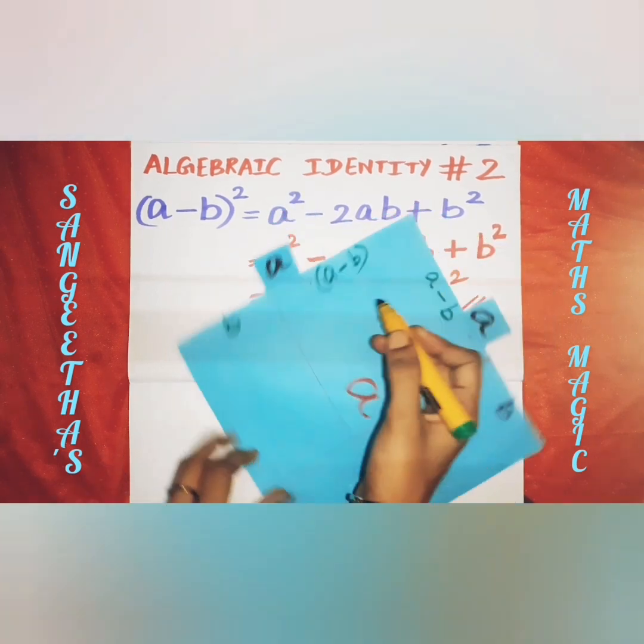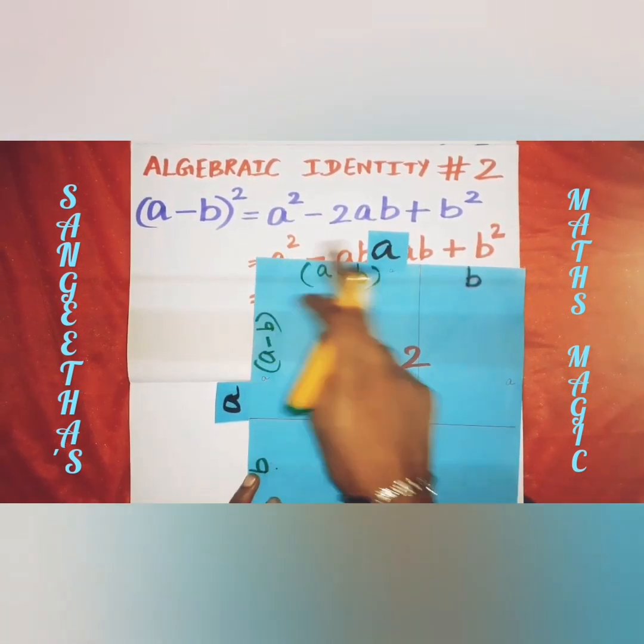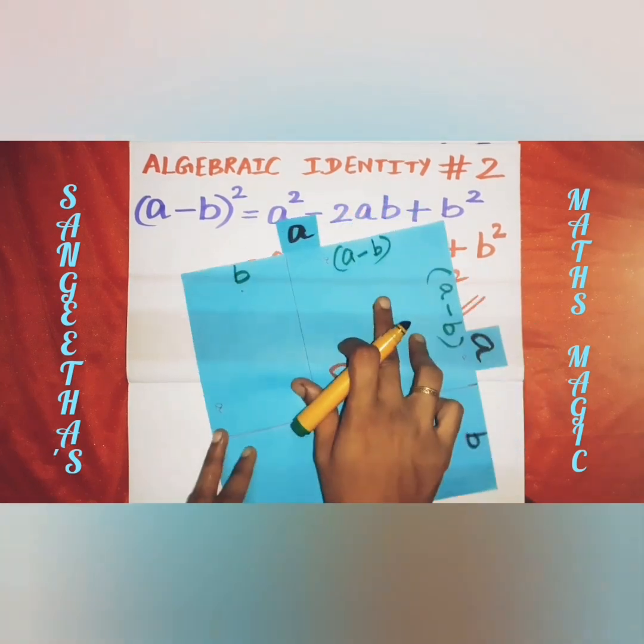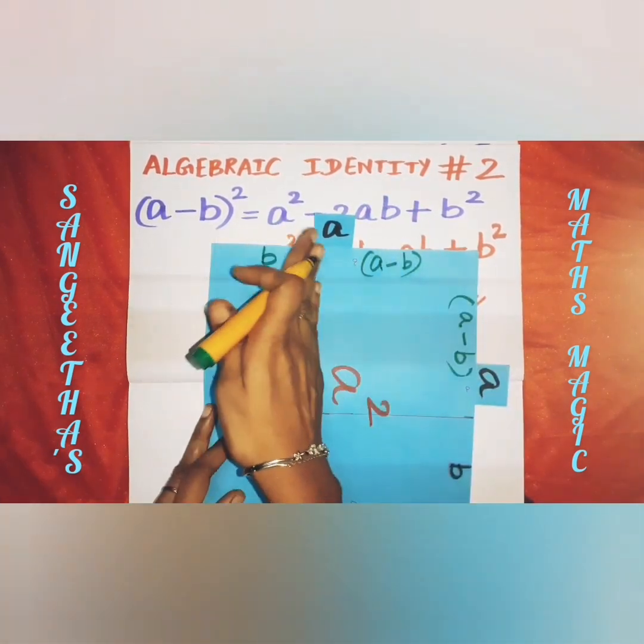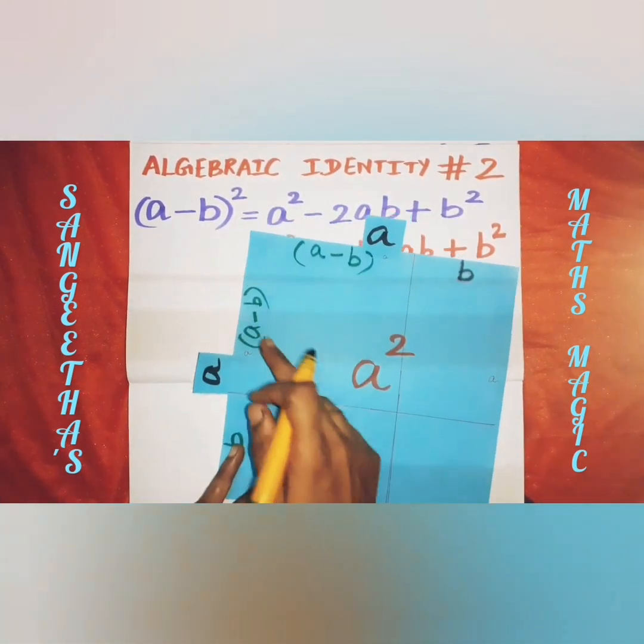From the total measurement a, I have taken b, so it is a minus b.